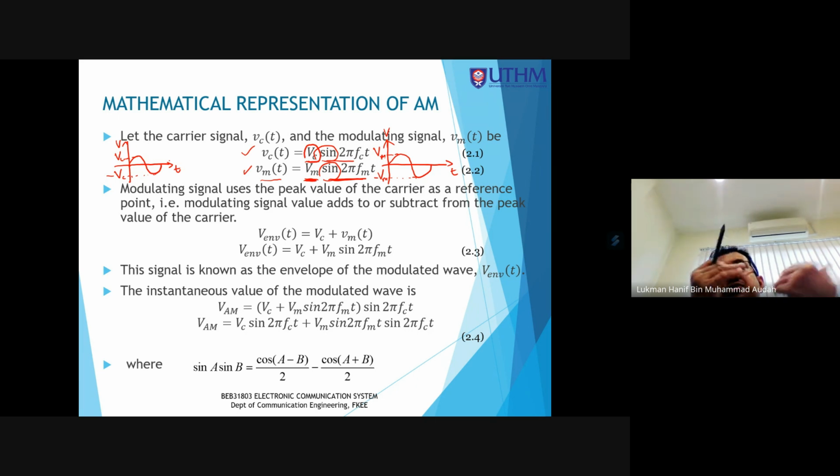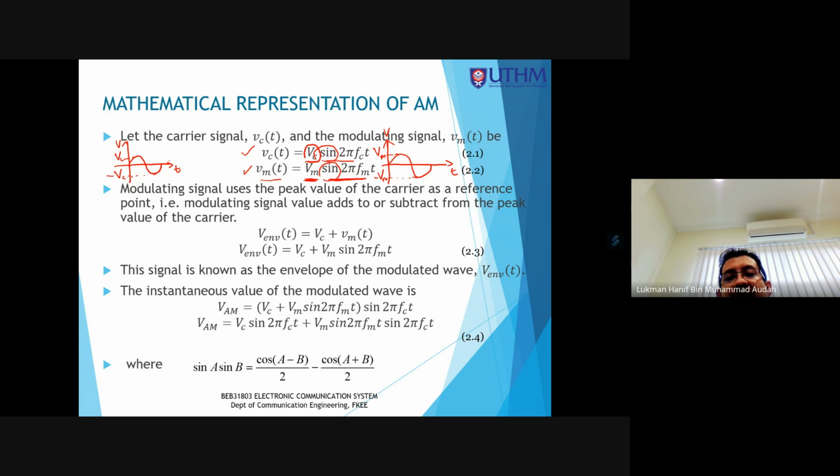So we use a sine wave because it is the most simple signal. It is a repetitive wave, the most simple, the most basic wave. And you see that it says here that the modulating signal uses the peak value of the carrier as reference point.